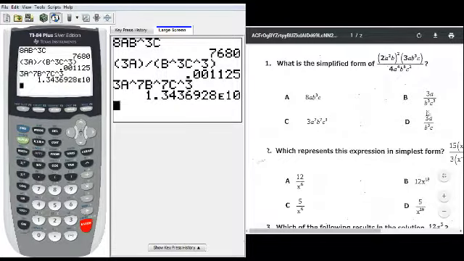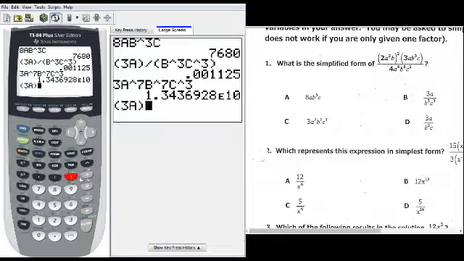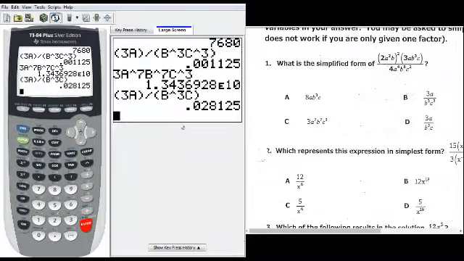So we're going to type in the last one just to be safe, to make sure that D is actually our answer. Again, we have a fraction, so parentheses your numerator, parentheses your denominator. Parentheses 3 alpha A, parentheses, divided by parentheses alpha B caret 3, raise it to the 3rd power, alpha C, and then close it, and hit enter, and look what we have, 0.028125.